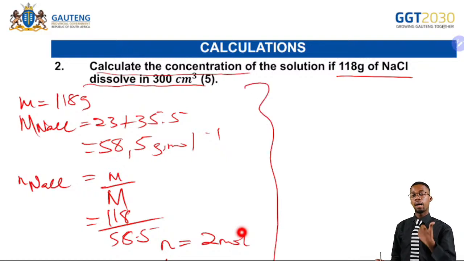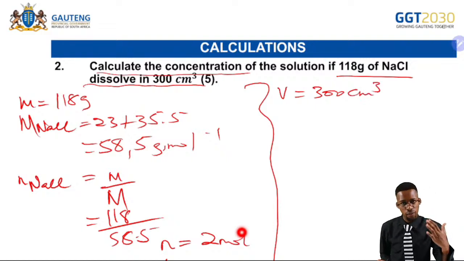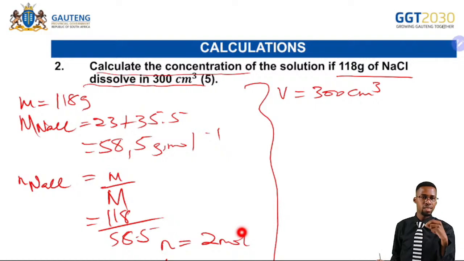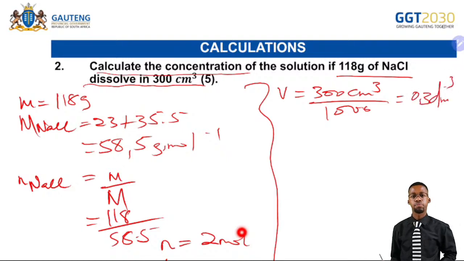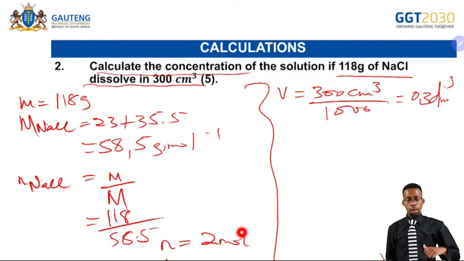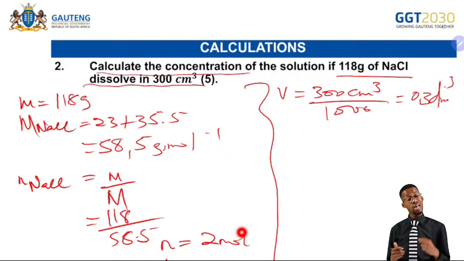Now that we have the number of moles and we have the volume, because our volume is 300 centimeter cube, we need to convert our volume to decimeter cube. So we divide by 1000 and we are going to get 0.3 decimeter cube. Then, because we have the number of moles and we have the volume, now it's easier for us to determine concentration.